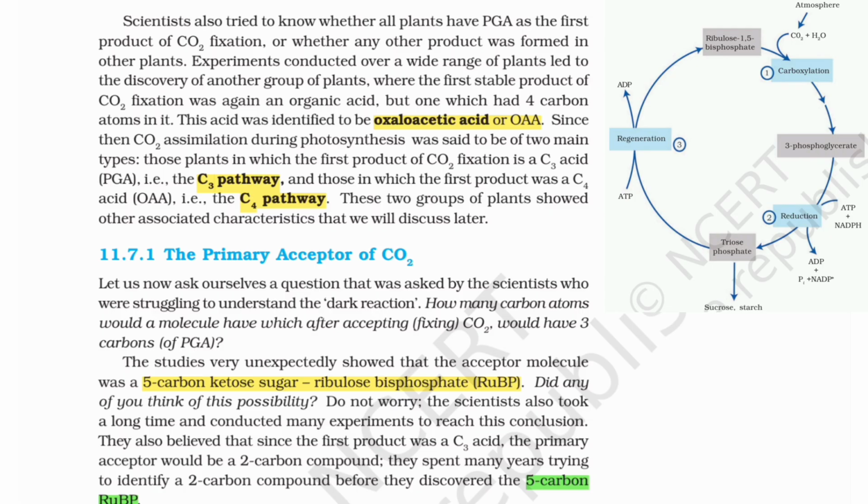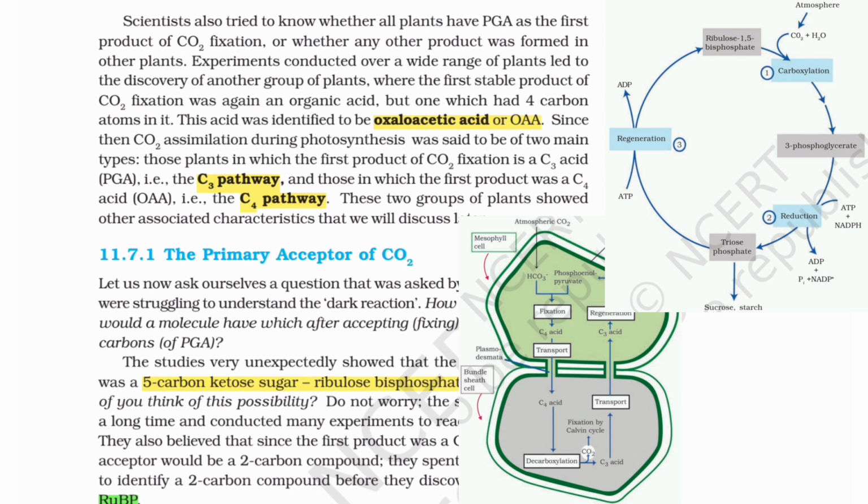Experiments conducted over a wide range of plants led to the discovery of another group of plants where the first stable product of CO2 fixation was again an organic acid, but one which had 4 carbon atoms in it. This acid was identified to be oxaloacetic acid, or OAA.